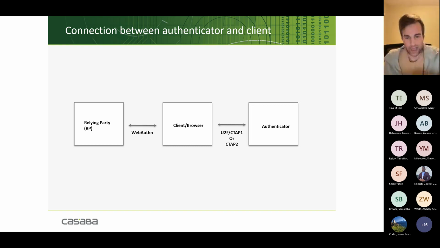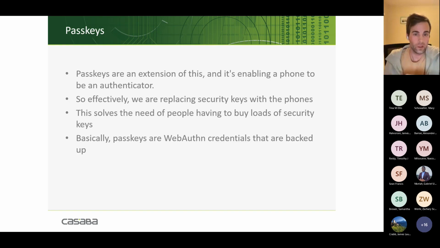Now we're going to move into Passkeys, which is where it becomes an actual security key, or rather your phone becomes a security key. Passkeys are nothing more than just an extension of WebAuthn, and it just replaces the need for all your YubiKeys or any security keys with just your phone, so that you don't have to buy and keep track of a bunch of YubiKeys.